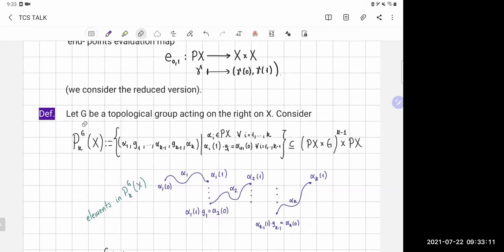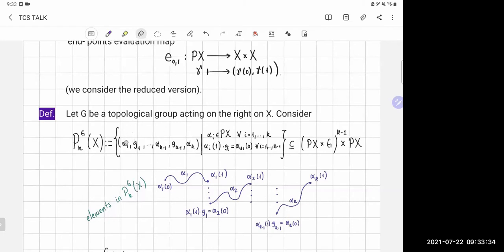So P_k^G of X is the set of 2k minus 1 tuples whose entries are alternating elements in the path space, alpha_i's, and elements in the group, g_i.